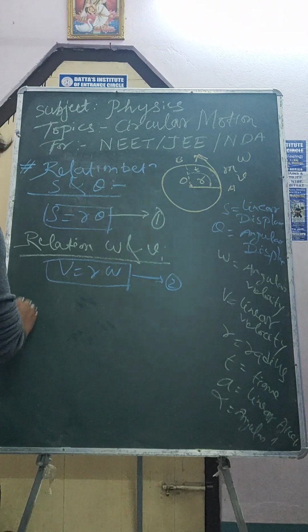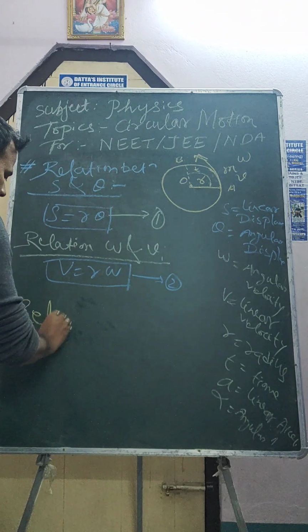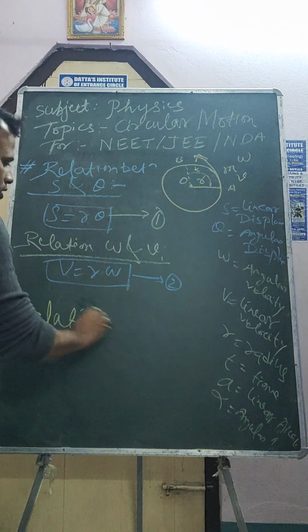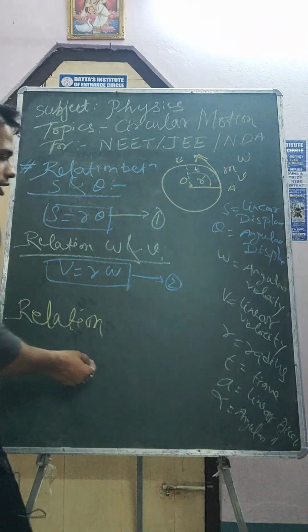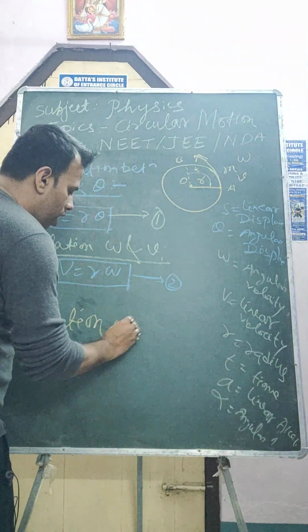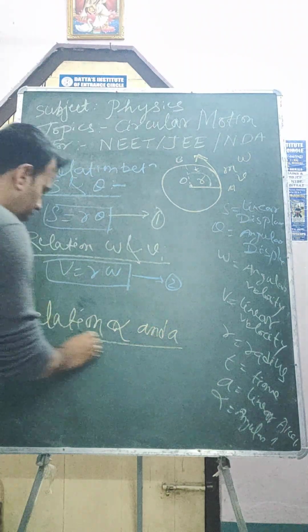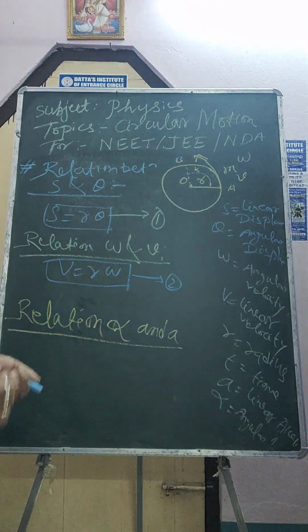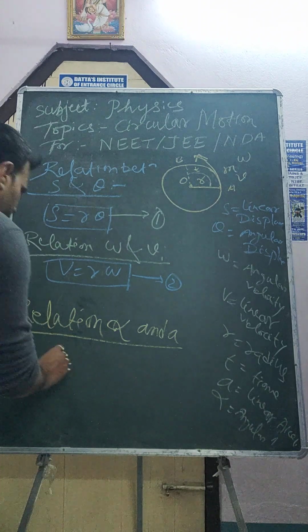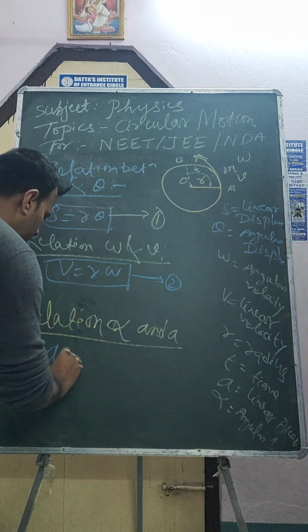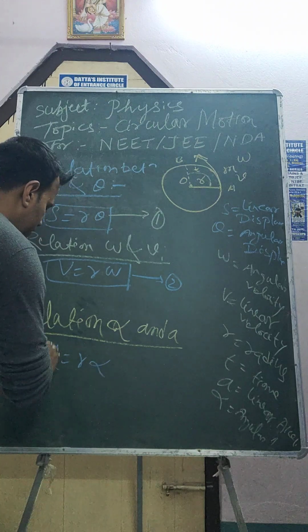Okay, and the third relation. The third relation is between angular acceleration and linear acceleration, that is alpha and a. So the formula is a equal to r alpha.